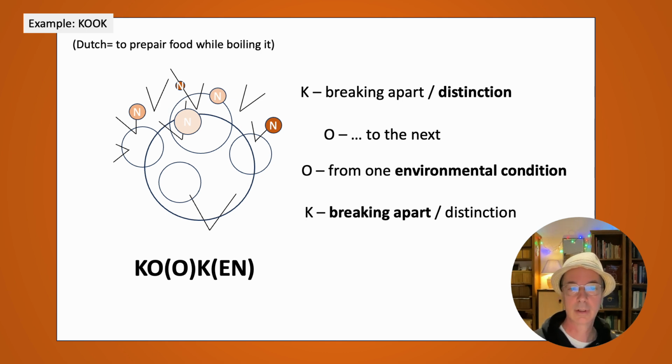So this gives you more opportunity to look for what is happening after boiling, with boiling, what are the differences of elements. So in that way it comes closer to the English meaning as well. We also prepare food while boiling it, and then we see the differences in the elements.